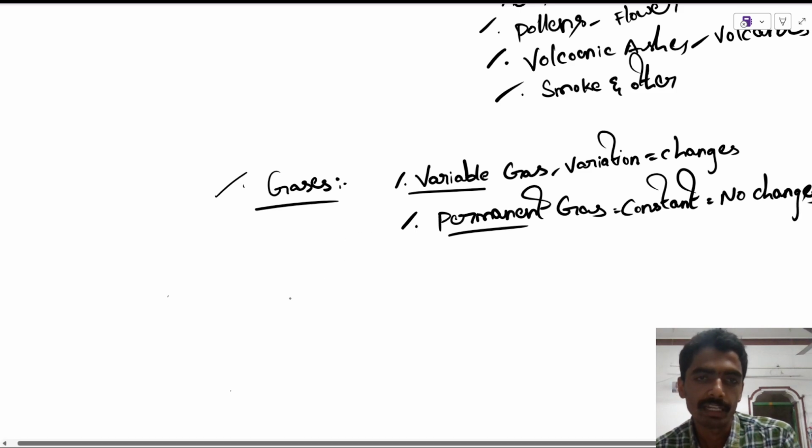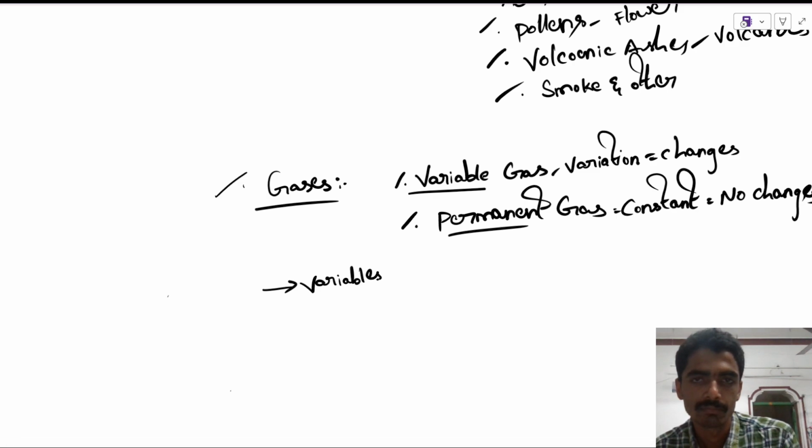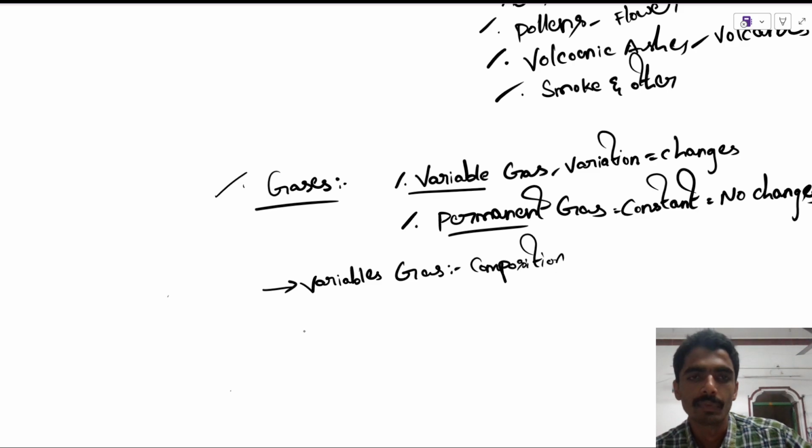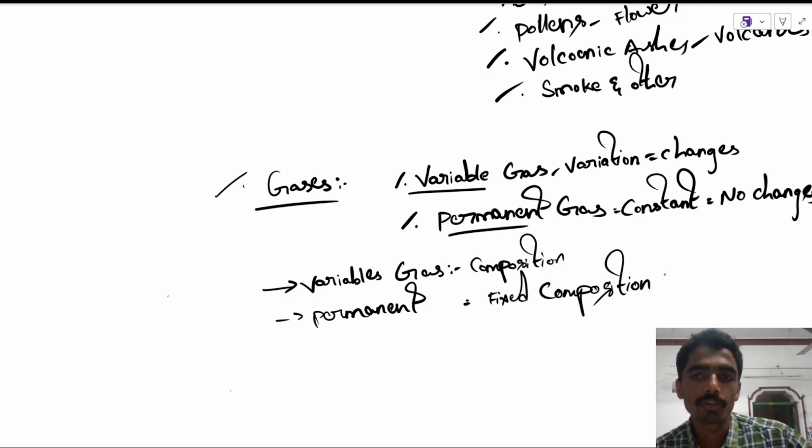While coming to the variable gases, these are the gases which change their composition. And the permanent gases are in fixed composition, so no changes at all.